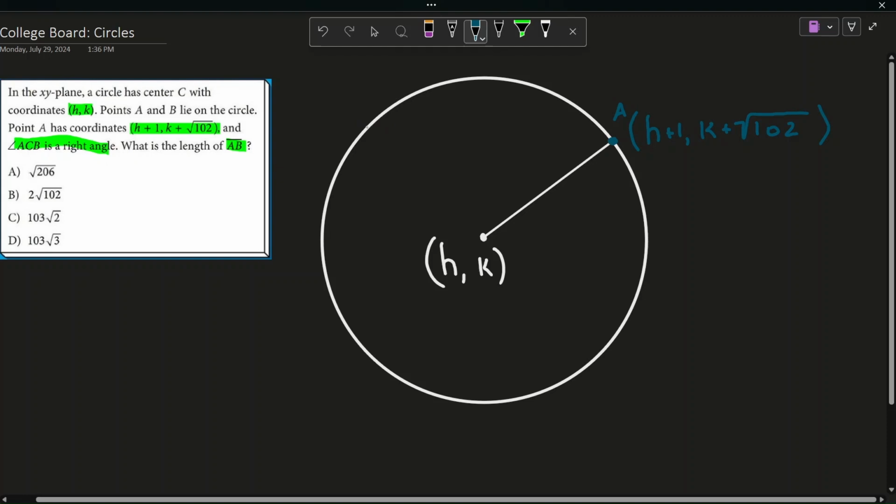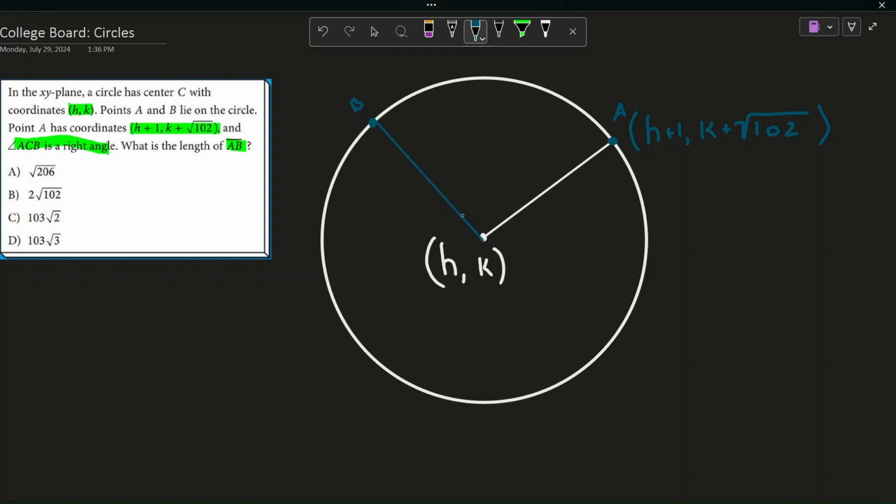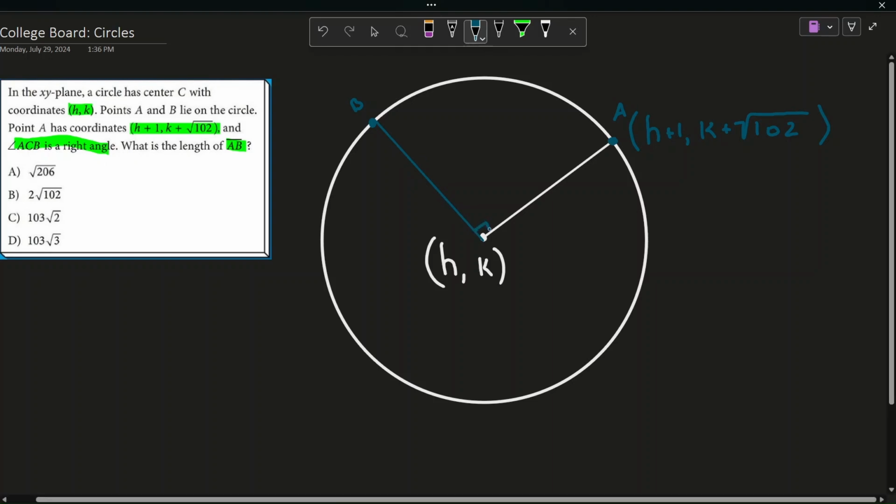And we're also told there's a point B, and the angle ACB is a right angle. And now we want to find the length of line AB.